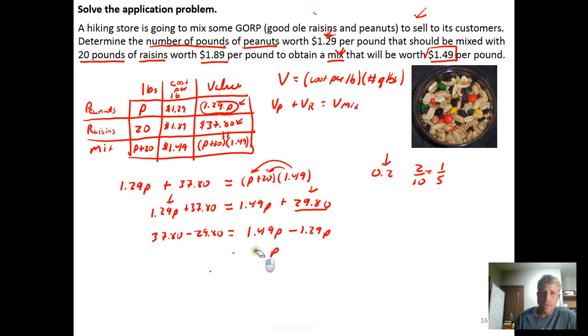Instead of 0.2 right here, I could put a 1/5. And then to get P by itself, instead of dividing both sides by 0.2, I can multiply both sides by 5. So a fifth of 5 is just equal to 1, which leaves me with 1P, and 9 times 5 is 45. And this is really 45 pounds because we were determining the number of pounds of peanuts we needed.